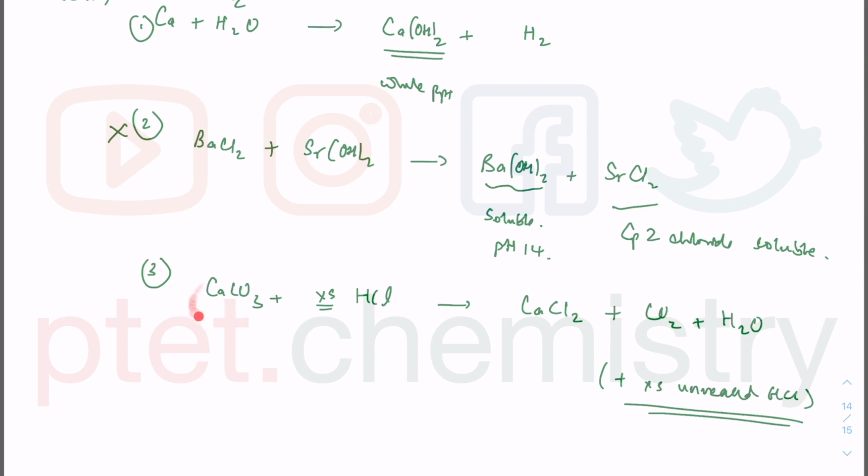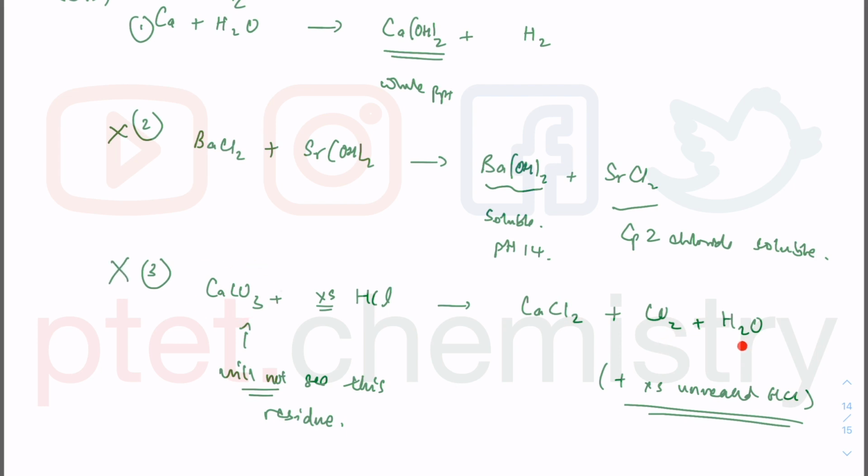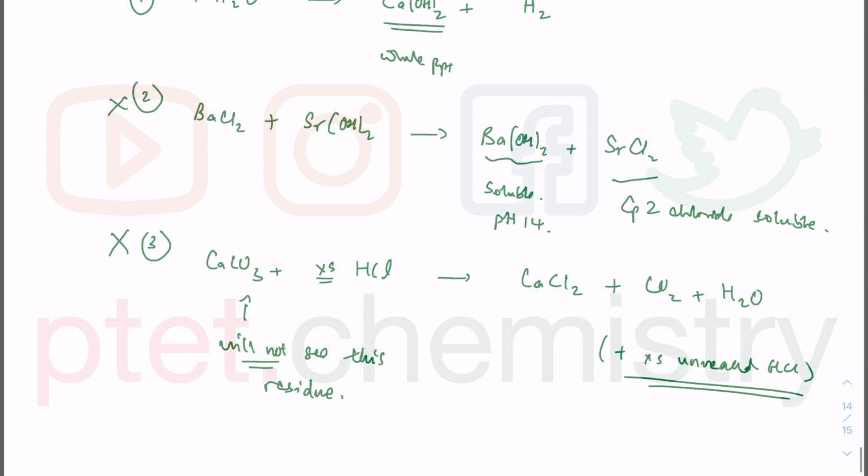So we will not see this white precipitate, will not see this residue at all because we know that that is insoluble in water. However, be careful. With excess HCl, this will completely react, so we will not get any of that. This is a gas, this is a colorless liquid, this is soluble in water. Group 2 chlorides are soluble in water.